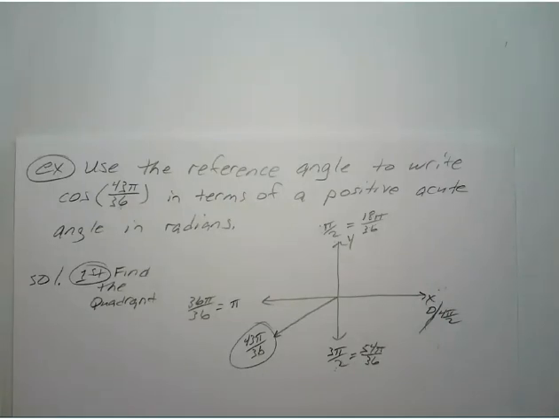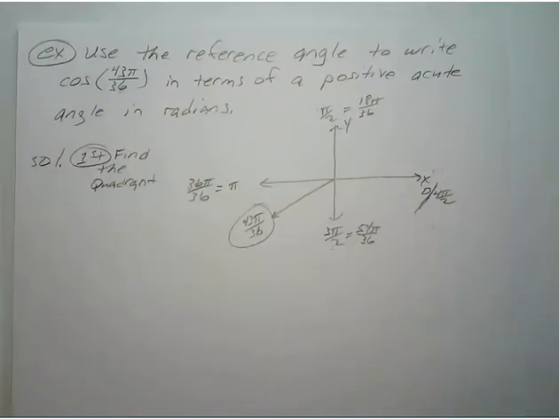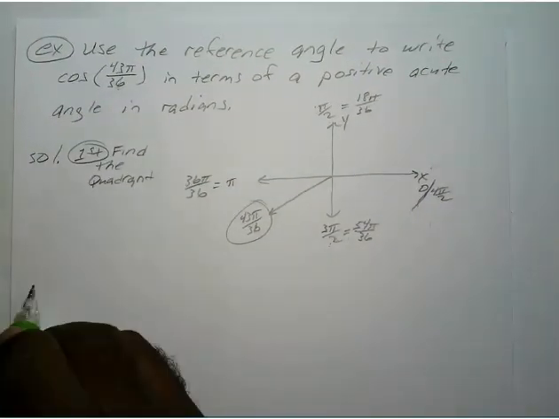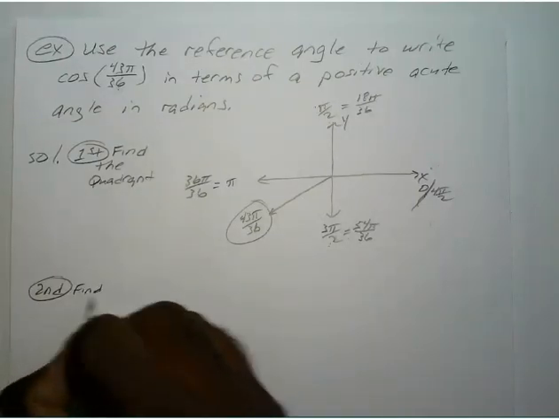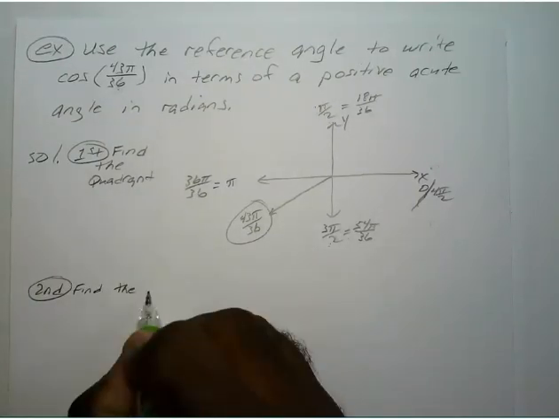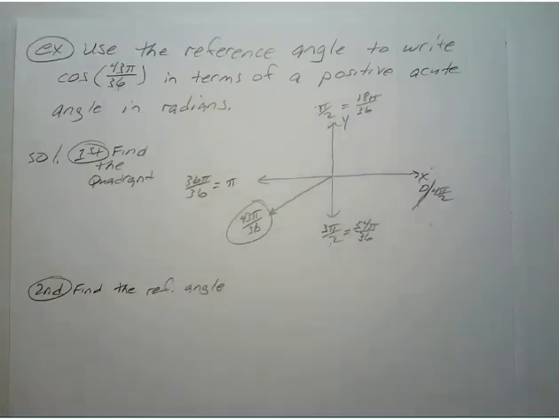Okay, now what we're going to do is, step 2, is use the proper reference angle. Once we find our reference angle, we can move on from there. So find the reference angle, or reference number.